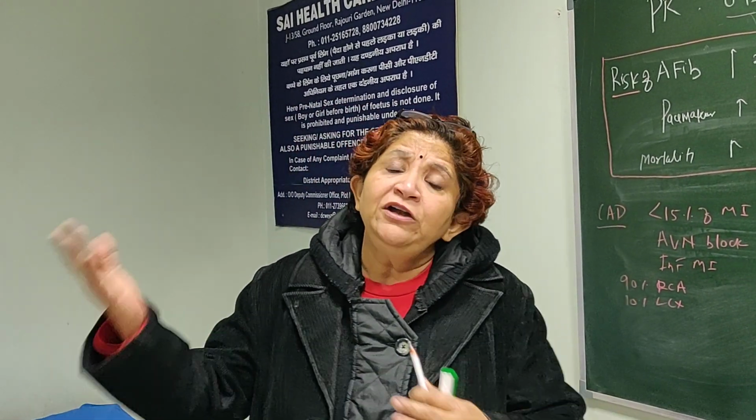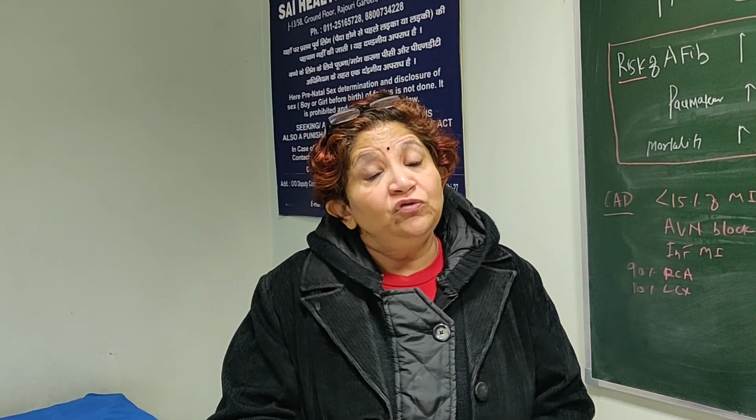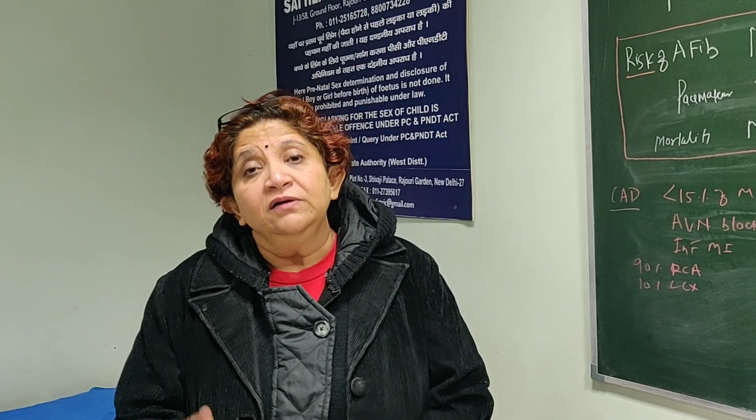Following is important. Follow them with serial ECGs, like after 6 months or so, for development of further AV block. And if they develop high grade AV block, then you will have to consider withdrawing the beta blocker.